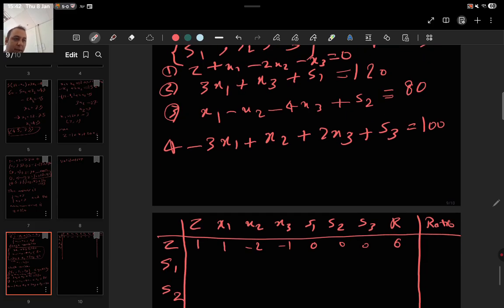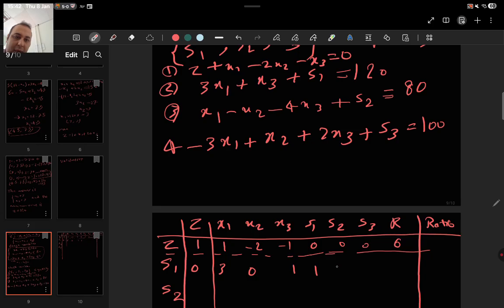Okay, for the second equation for z we have 0. For x1 we have 3. x2 we don't have. x3 we have 1.